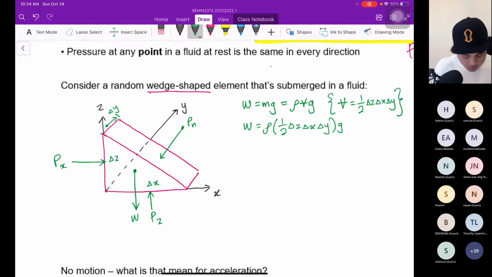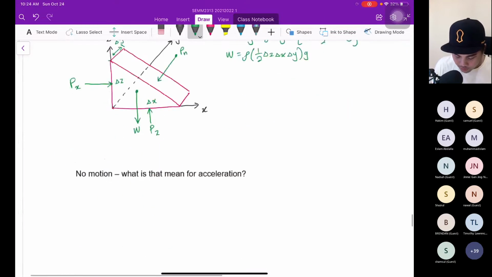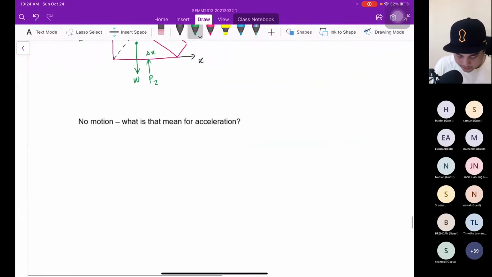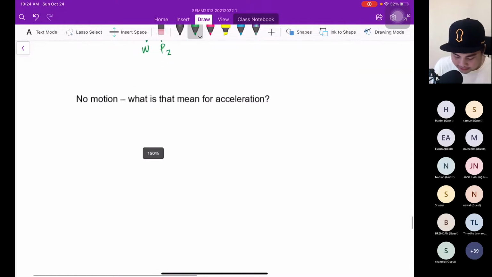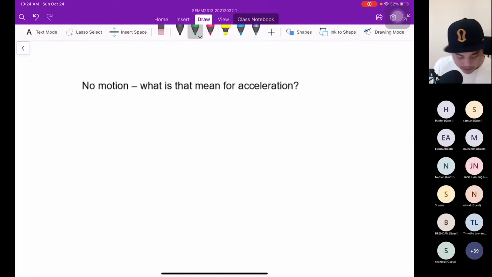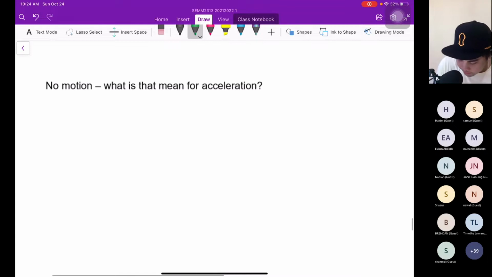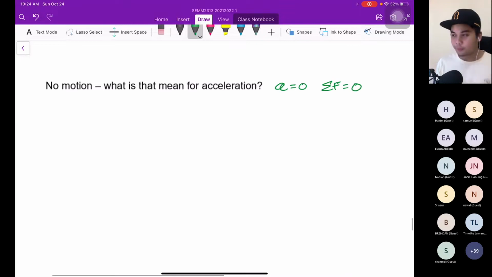Okay, so after we know all the forces, let's consider there is no motion, so it is static. What is meant by acceleration? That means the acceleration equals 0, or the summation of force equals 0.